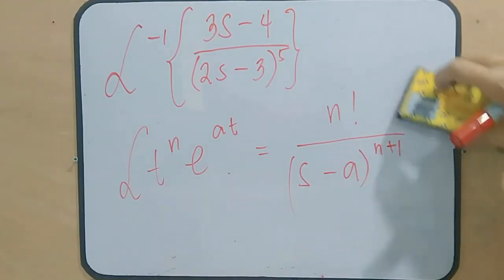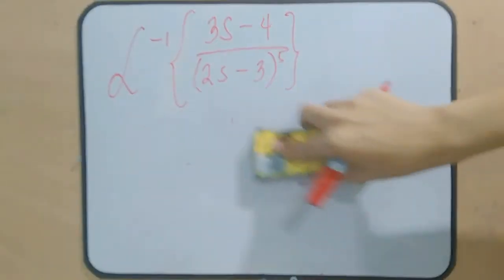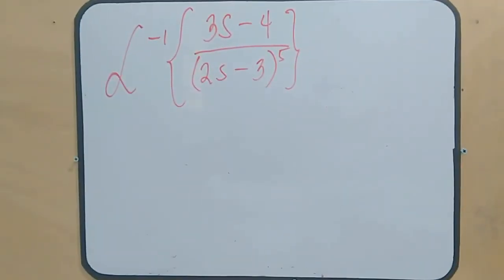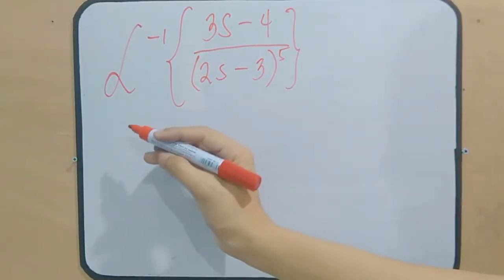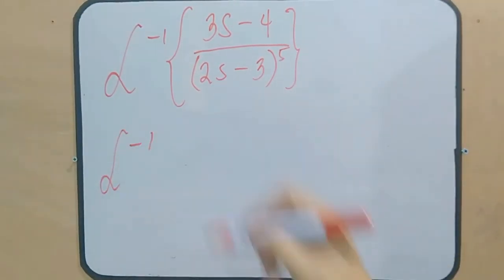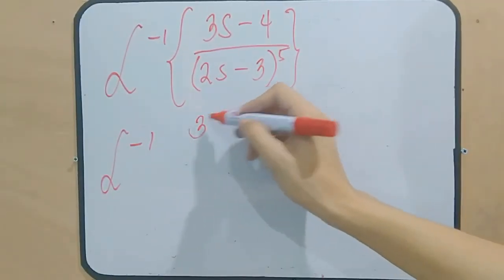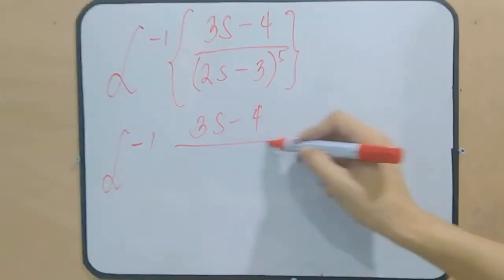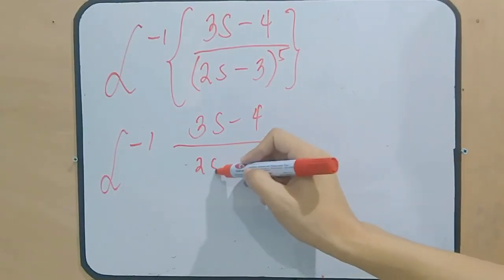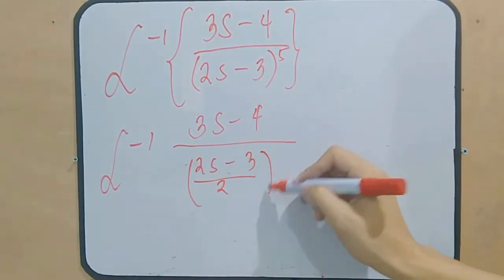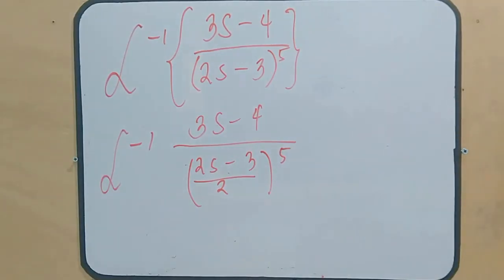So let's make it into this form, guys. Here, our 2 should be removed, so we divide the denominator by 2. So here this is the inverse Laplace transform of 3s minus 4 all over, in the denominator, 2s minus 3 divided by 2, raised to 5. Now notice that we added a constant, so we cannot avoid balancing.